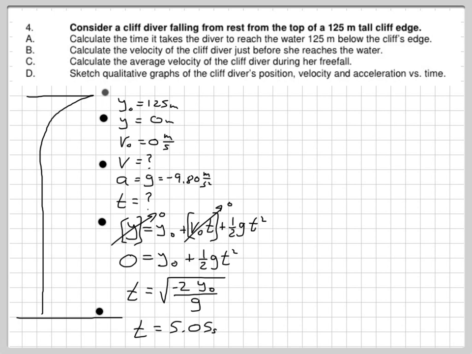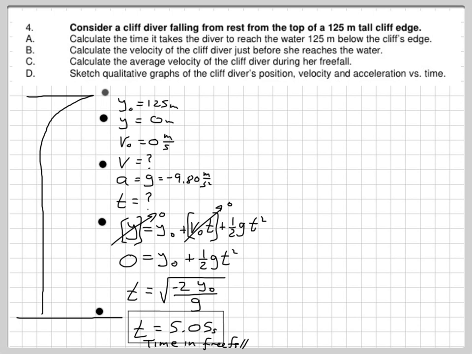And of course, it's terribly exciting, so I'm going to put a nice big bold box around that. And then write down what it means. Time in free fall. Yay.